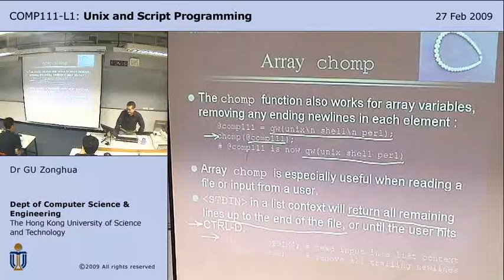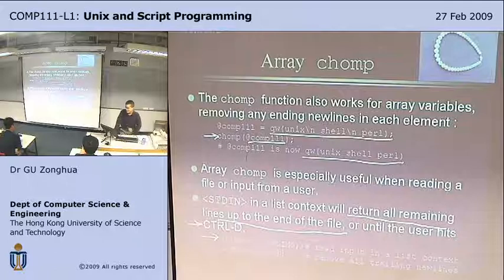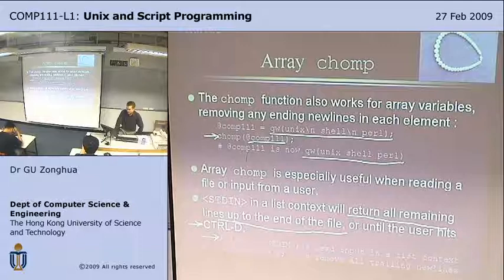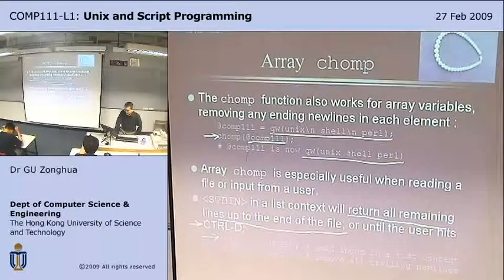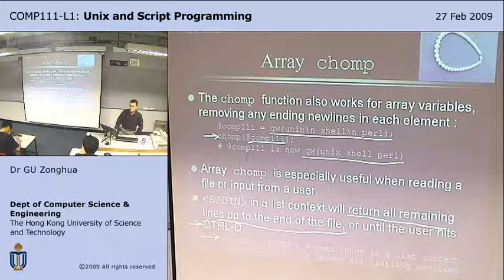Notice that if you assign it to a scalar, then you can use the new line to terminate the input. But here, if you assign it to an array, then you must use Control D because it expects multiple lines. So new line is not the end of the input. After you read all the lines, you do a chomp and it removes all the trailing new lines from all the lines.